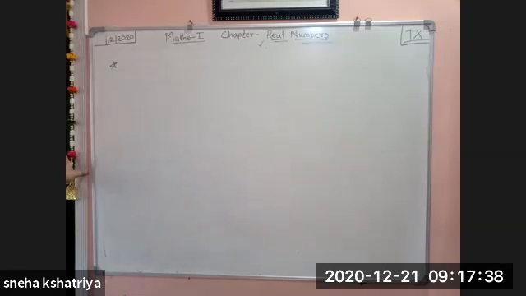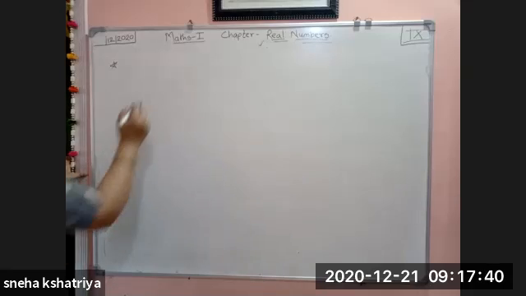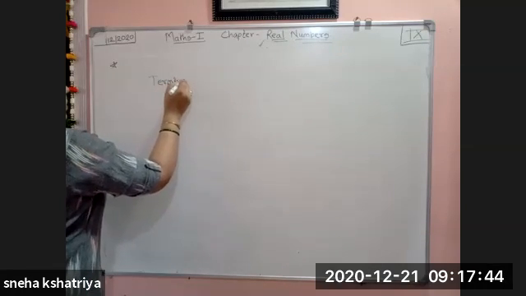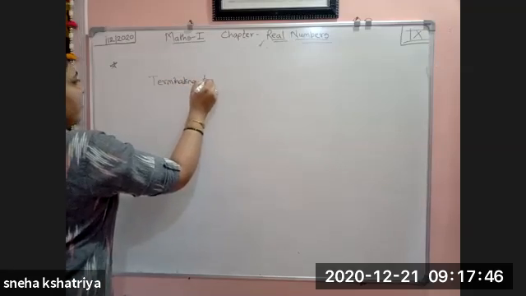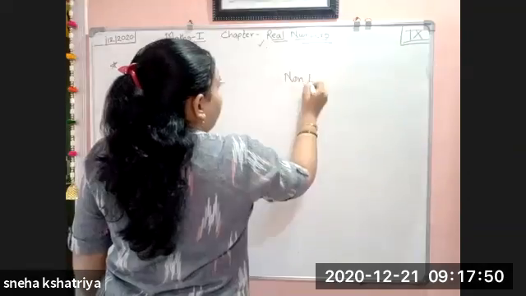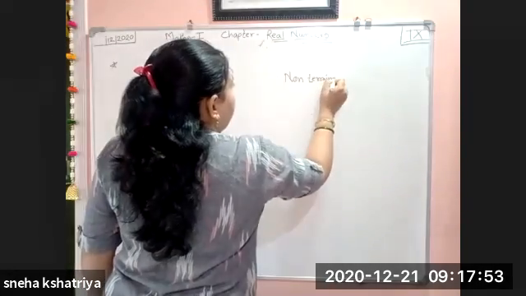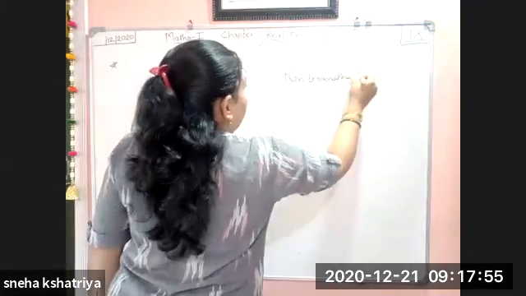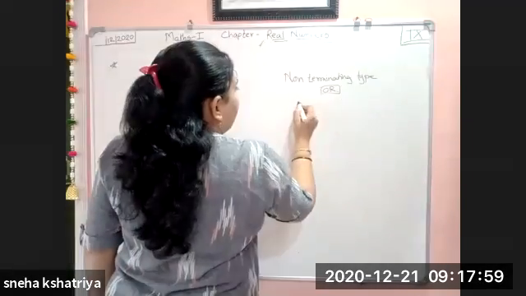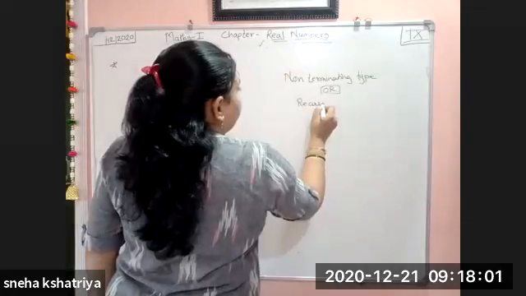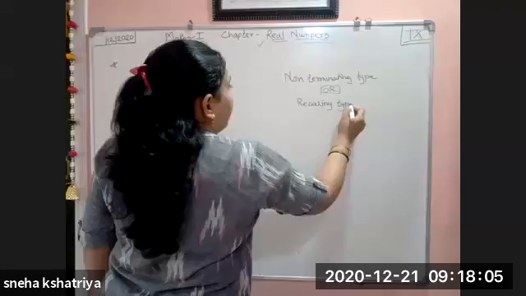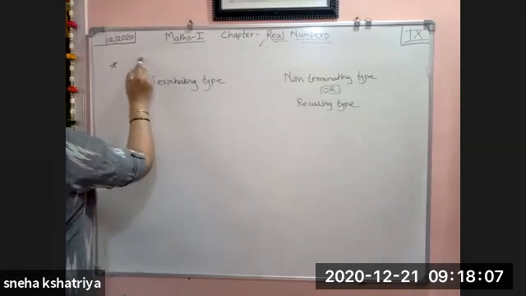Here we can write: terminating type and non-terminating type, or it is called recurring type.